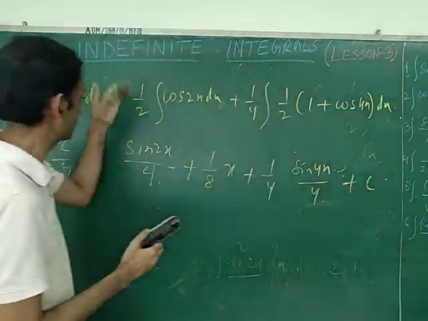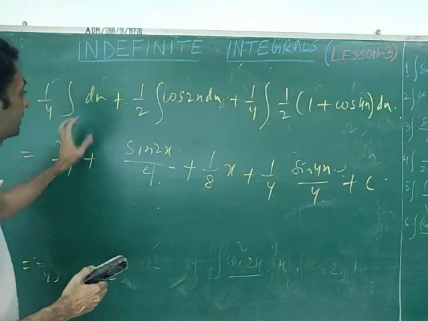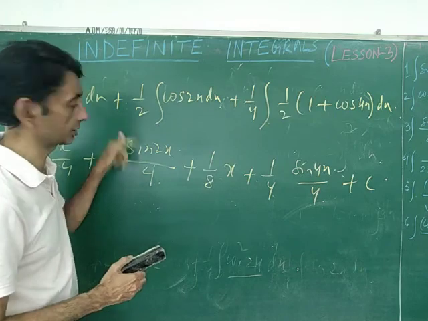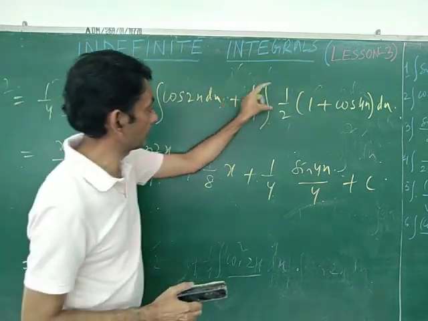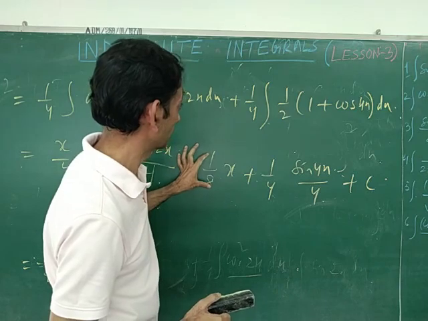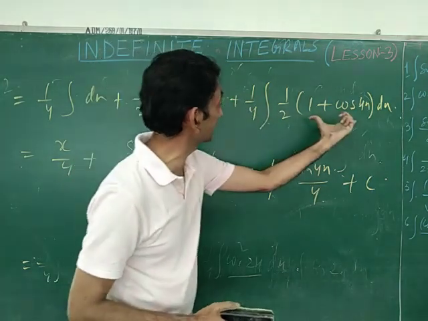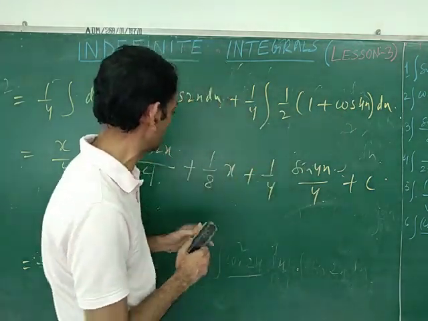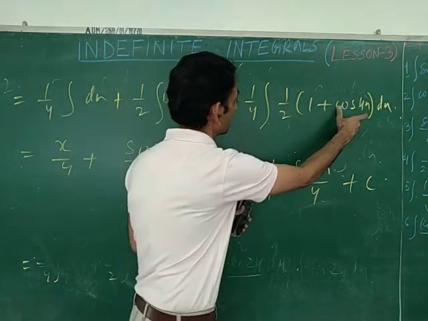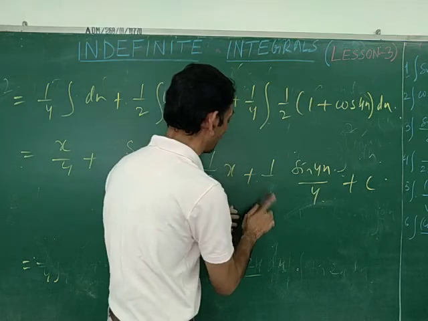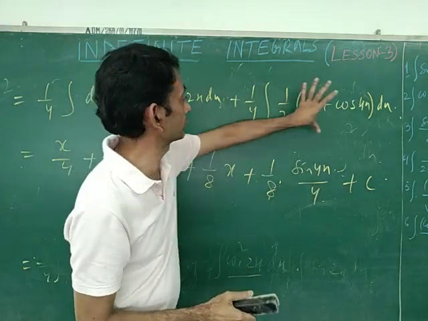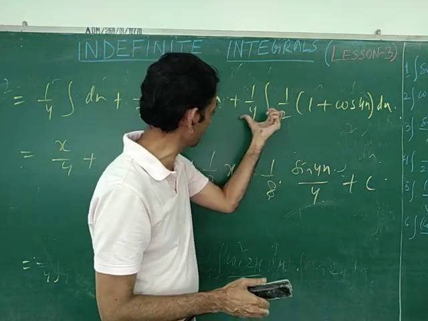You can just compare: integration of 1 dx is x, and integration of cos twice x is sine twice x by 2, so 2 into 2 is 4, and 1 by 4 into 1 by 2 is 1 by 8, right? Half you take out, the whole thing gets multiplied by 1 by 8. But this whole term should be multiplied by 1 by 8, not 1 by 4, because these two terms are multiplied with 1 by 8.